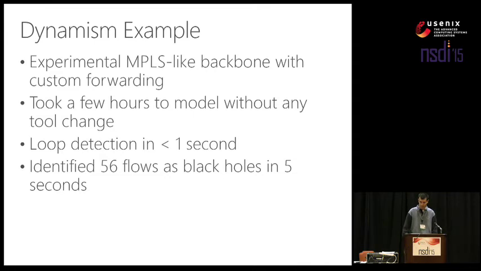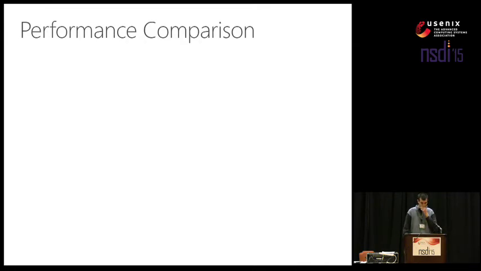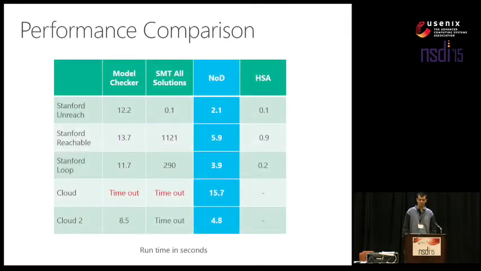In terms of performance, we compared Node against model checkers, SMT solvers, and HSA, which is a state-of-the-art data plane verification tool. And what we observe is that Node is faster than model checkers, and model checkers are computing just one solution, and Node is computing all solutions. And Node is still faster in this process.